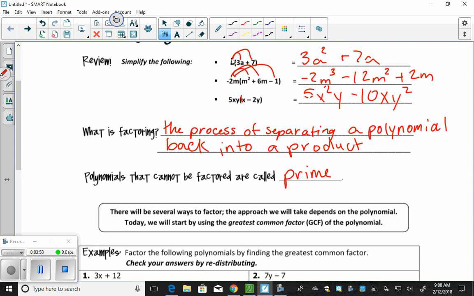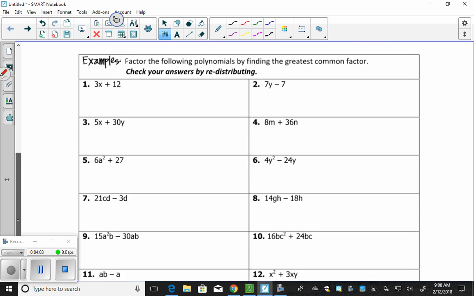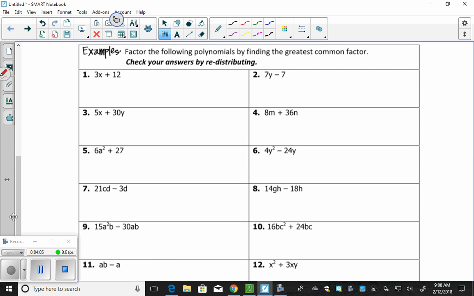There will be several ways to factor, and the approach that we take will depend on the polynomial itself. Today we're going to start with the greatest common factor of the polynomial. So greatest common factor is also known as GCF. I'm going to start off kind of dragging the problems out, and then we're going to slowly shorten stuff that we write. Okay?